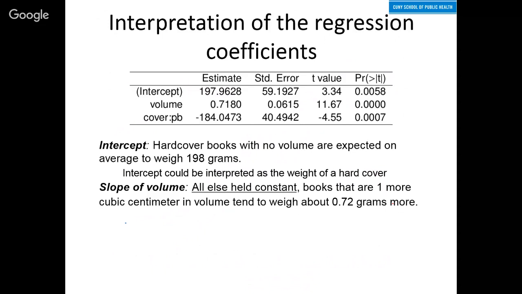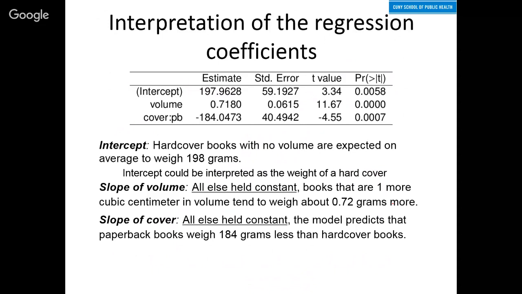And then the slope for volume means that with everything else held constant, in this case only the cover type, for 1 additional cubic centimeter of volume, it weighs 0.72 grams more.